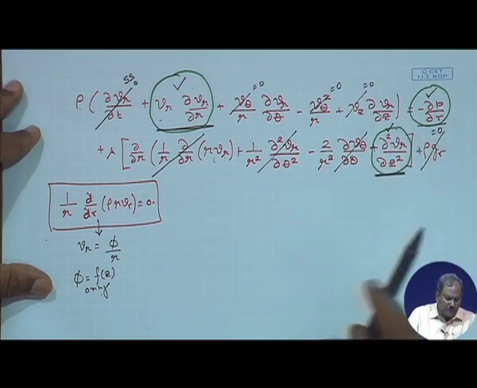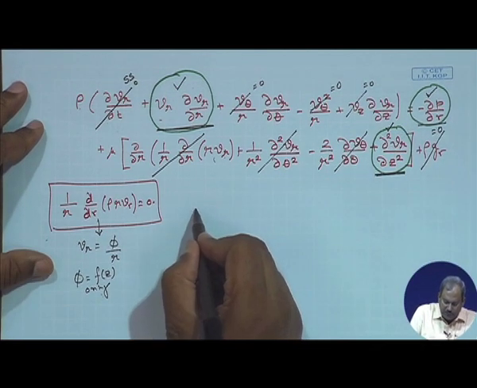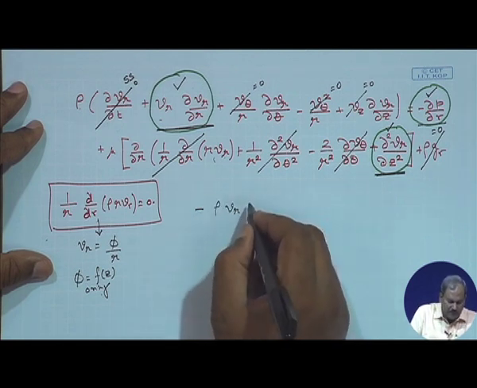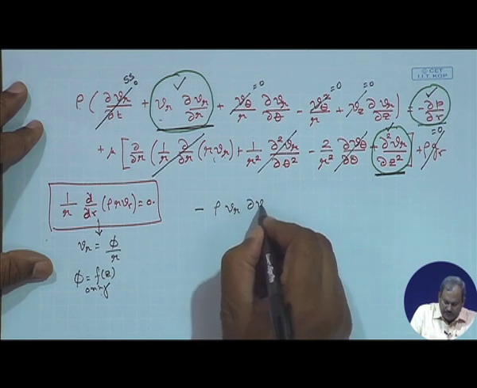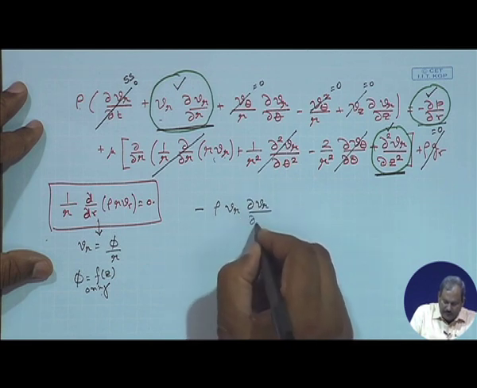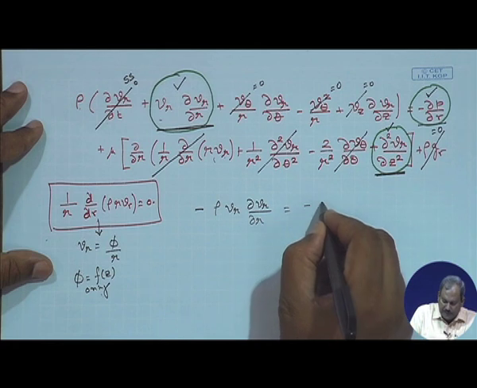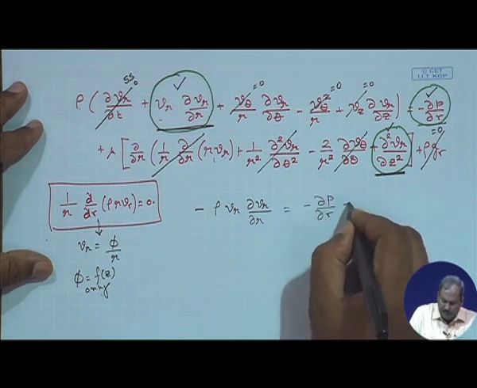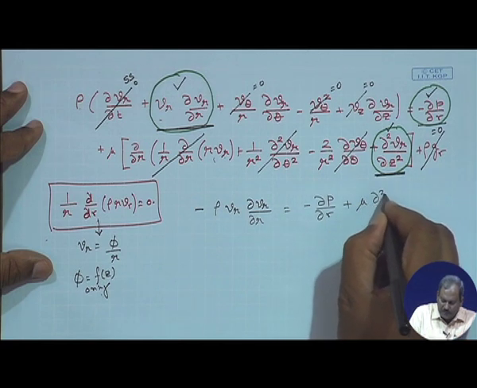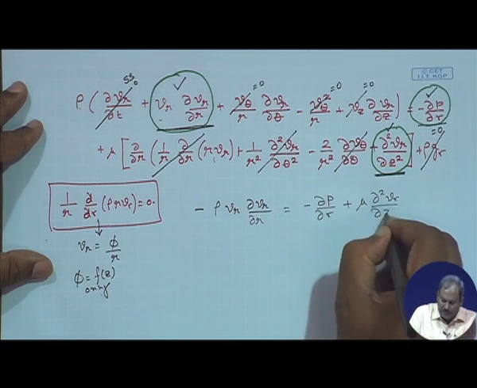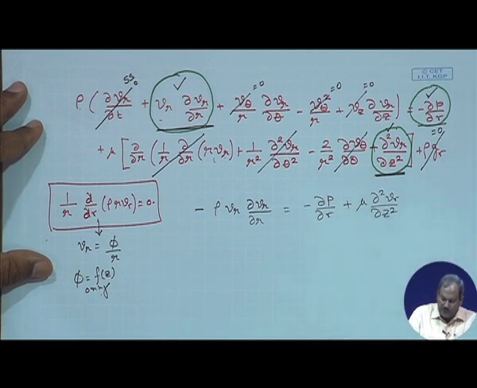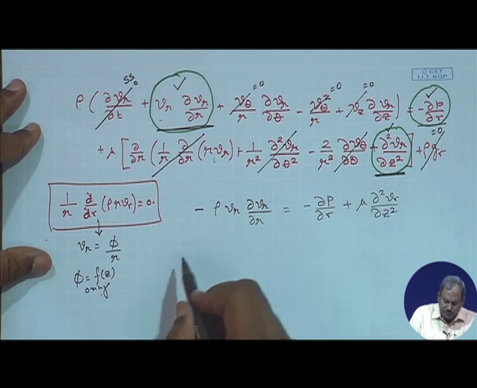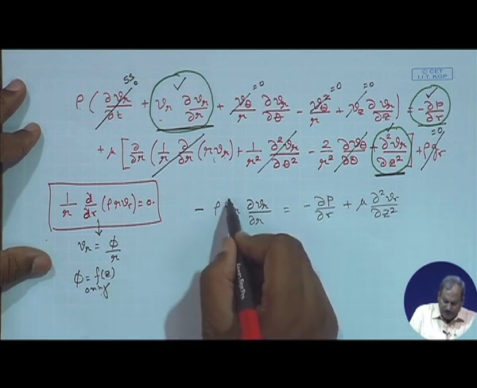So the governing equation would simply be minus rho Vr del Vr by del r equals minus del P by del r plus mu times del square Vr by del z square.